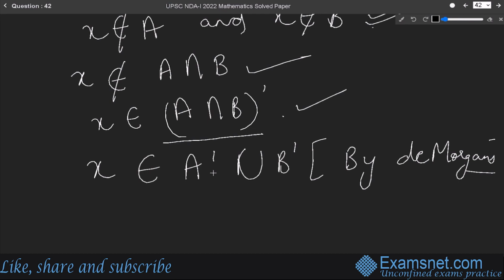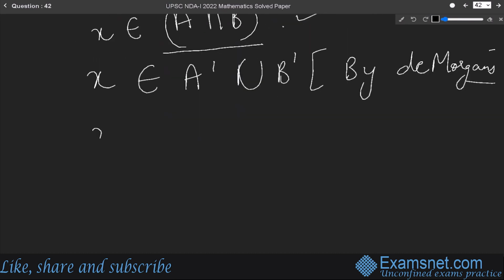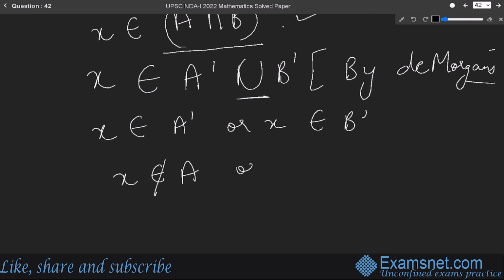Now it means that x belongs to A complement or x belongs to B complement, since there is union and for union we use 'or'. So it means that x will not belong to A or x will not belong to B.